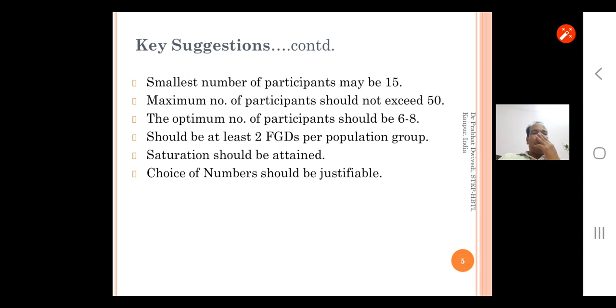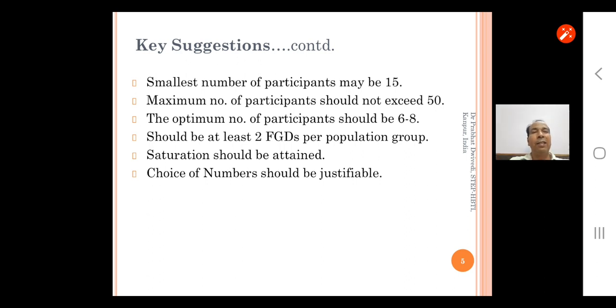Now, continuing to the next slide, key suggestions may also include brief, crystal clear key suggestions. If we are going to be concrete enough, we can say the smallest sample size may be 15 in case of qualitative studies, and the maximum size of the sample may be 50, should not exceed 50.